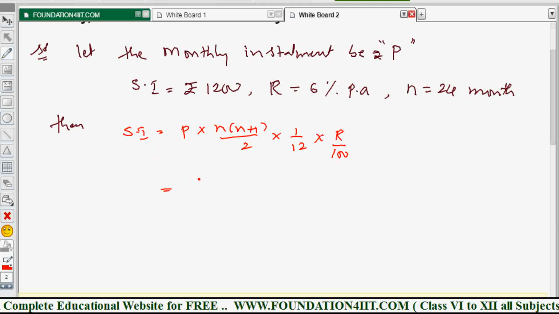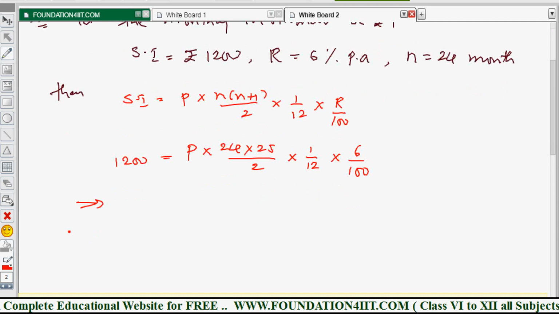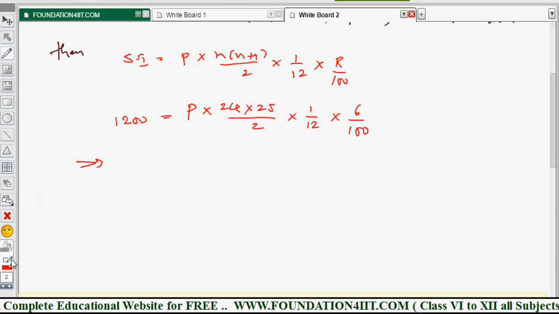We need to find out P. n into (n plus 1), n is 24, so 24 into 25 by 2 into 1 by 12 into 6 by 100, and simple interest is given, that is 1200. From this complete statement, we will find out the value of P. Once you know the value of P, you can find the remaining.